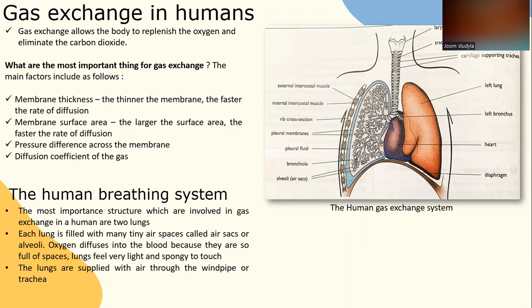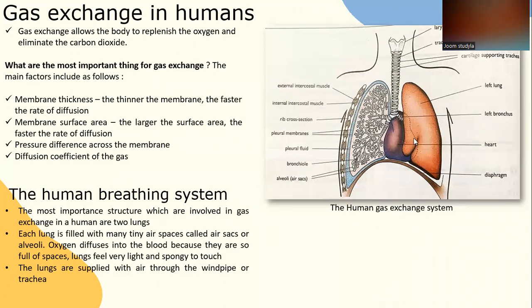One is the membrane thickness: the thinner the membrane, the faster the rate of diffusion. Membrane surface area: the larger the surface area, the faster the rate of diffusion. And the pressure difference across the membrane and the diffusion coefficient of the gas. These are the four main factors for gas exchange.